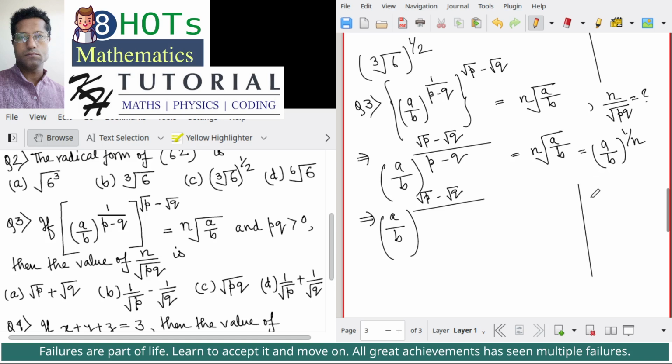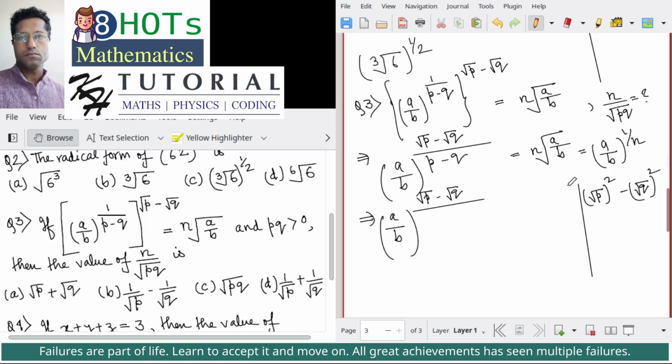We know p can be written as square root of p whole squared, and similarly q can be written as square root of q whole squared.